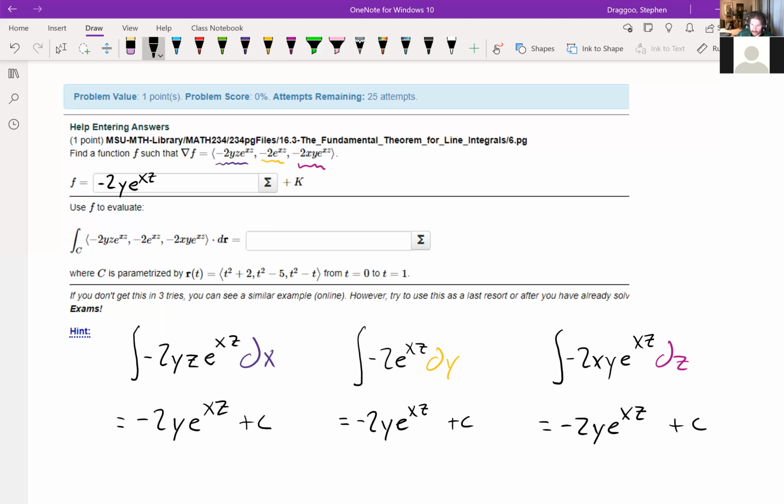If there were another term in the y that only depended on y, I could add that in. But again, I'm just looking to include each unique term in each of these integration pieces. But cool, negative 2y times e to the xc.